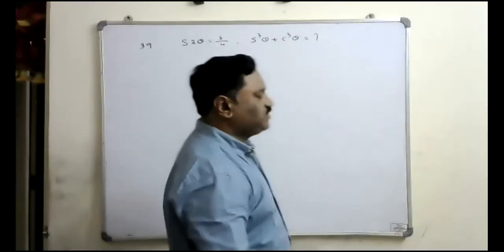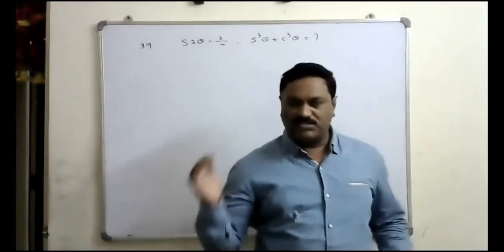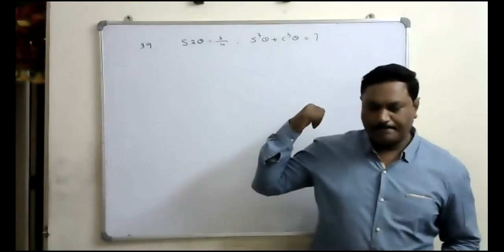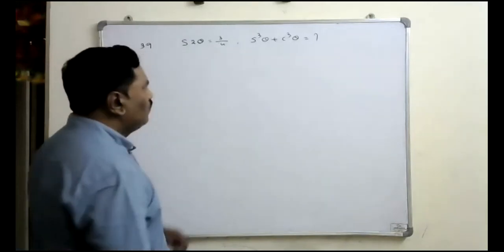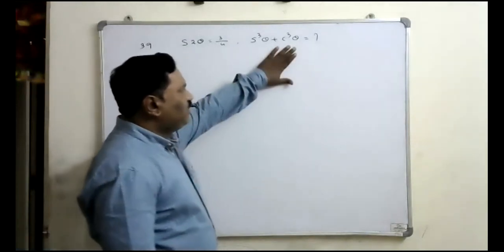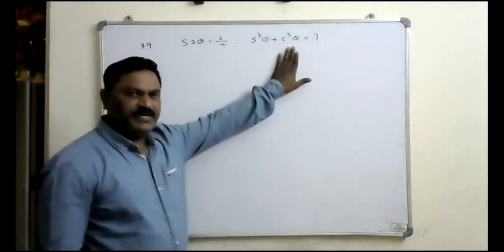Just think about it. Sin 2 theta was given. How do you find the value of this? First of all, if you observe this relation, it is in the form of A cube plus B cube.